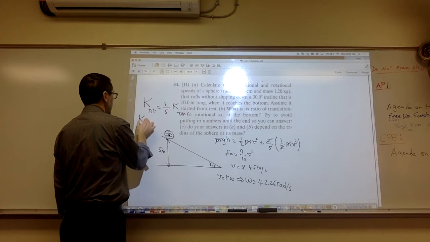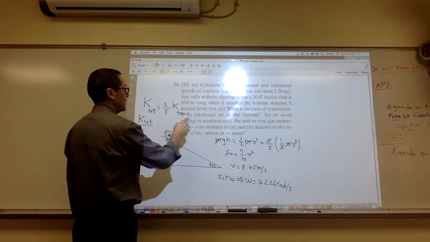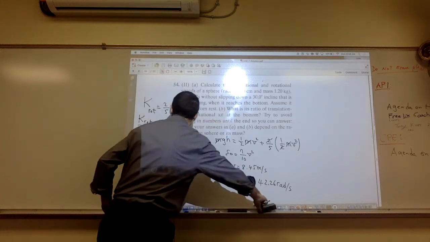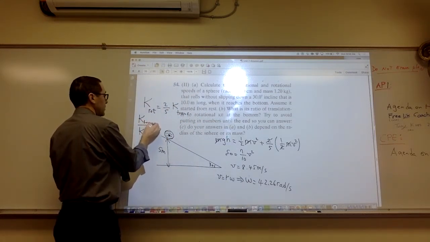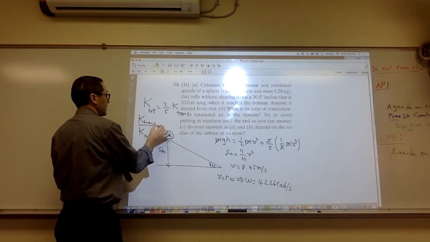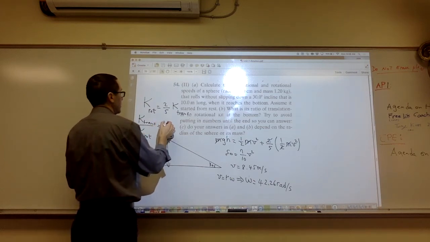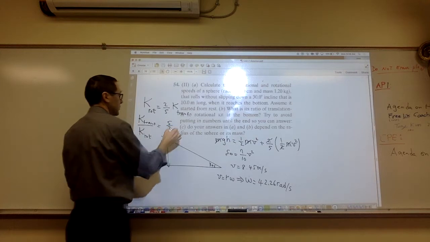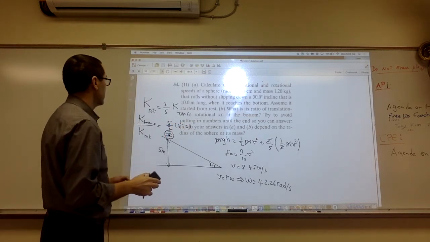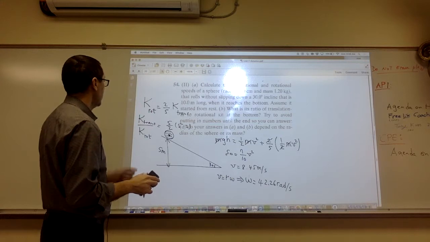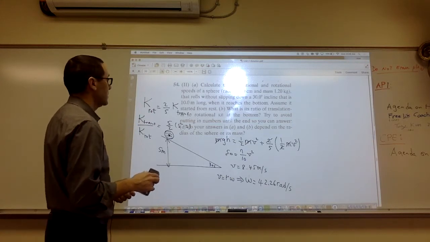It's looking for translational to rotational, so K translational to K rotational is going to be equal to 5/2. So it's a ratio of 5:2. It's going to be 5 parts translational and 2 parts rotational.